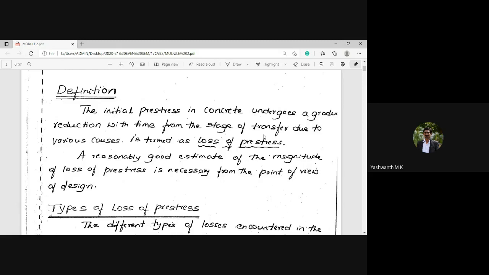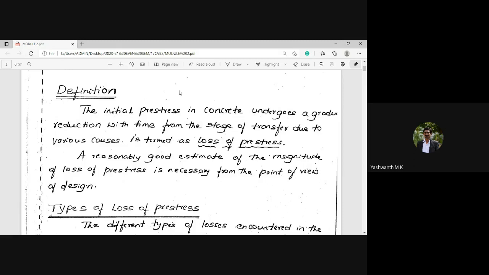Is it clear? Whatever the initial pre-stress or pre-stressing force induced in concrete will undergo gradual reduction with time from the stage of transfer due to various causes, and this is termed as loss of pre-stress.